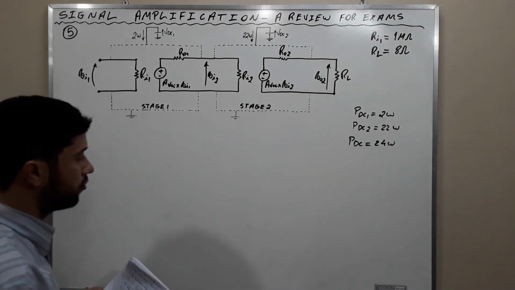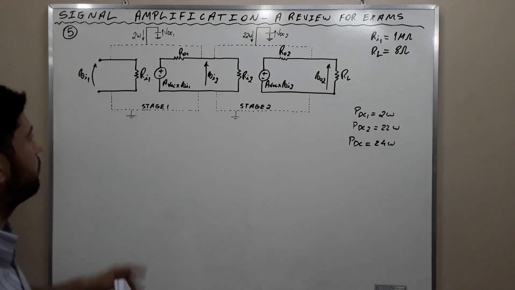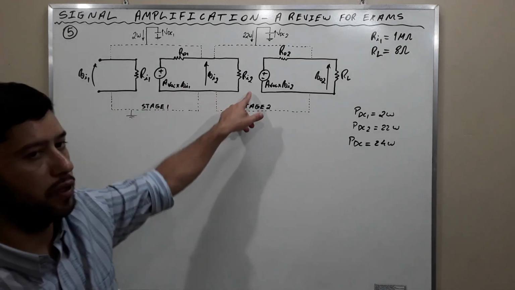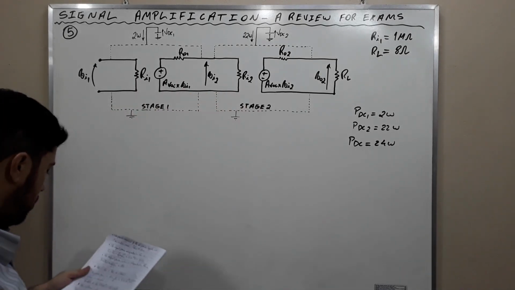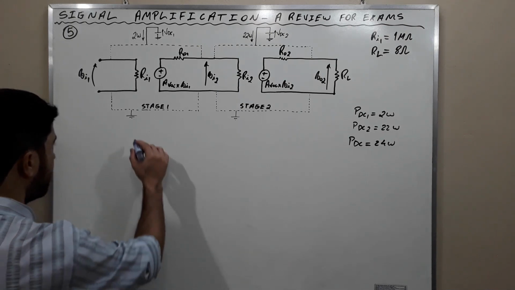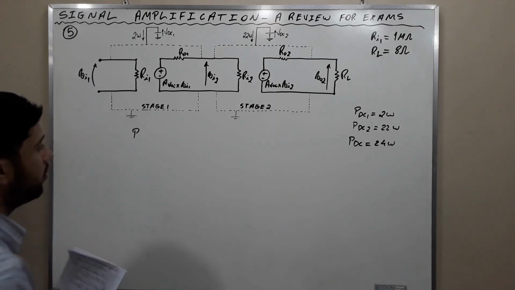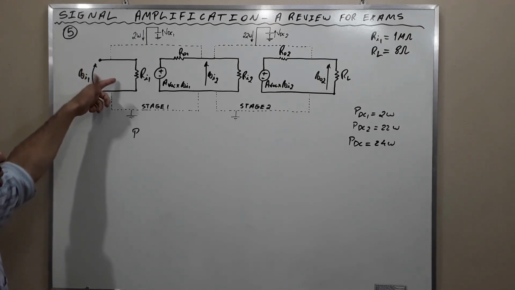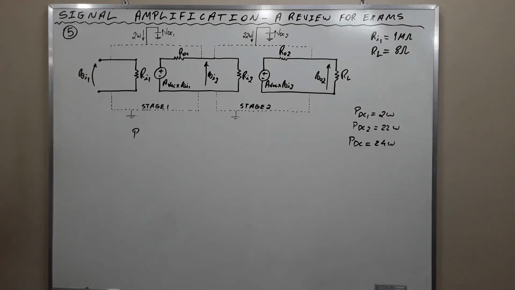The power dissipated internally in the stages will be, take a look at it. As the input signal is extremely weak, we saw it was 4 picowatts, 10 to the negative 12, we don't need to take account of it.